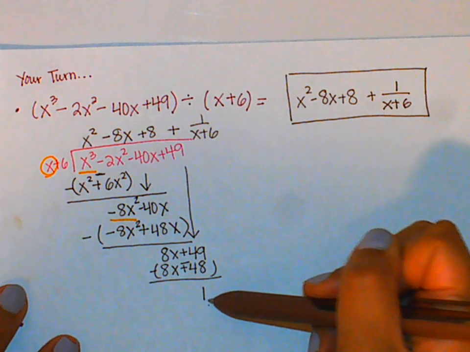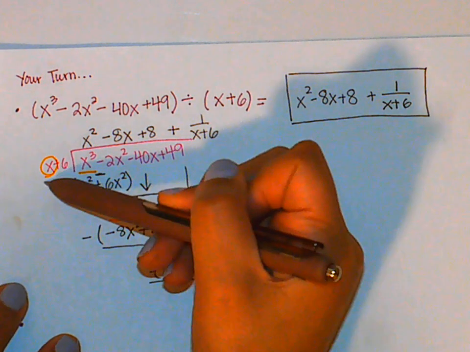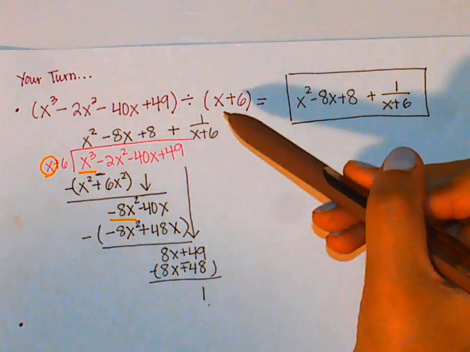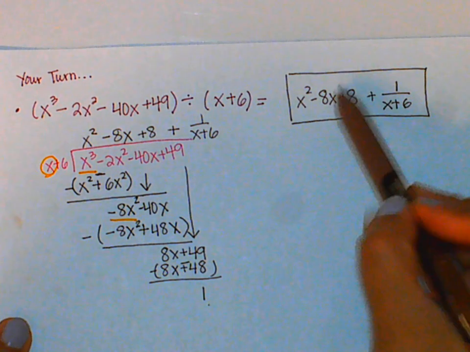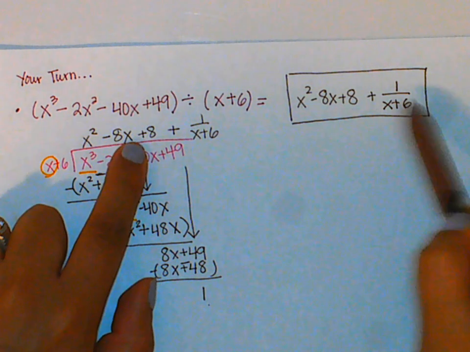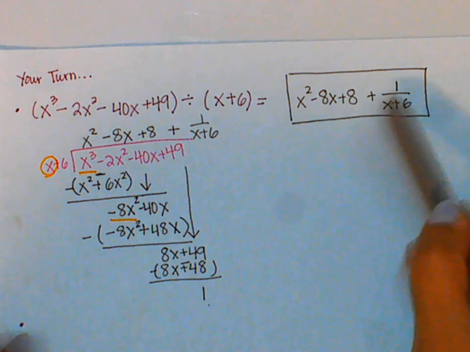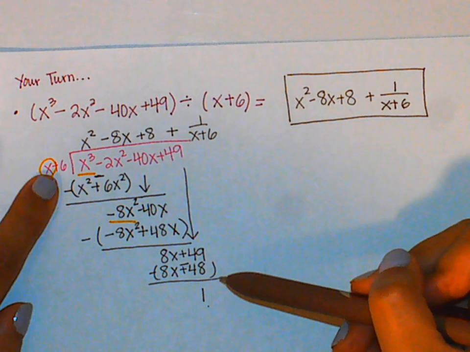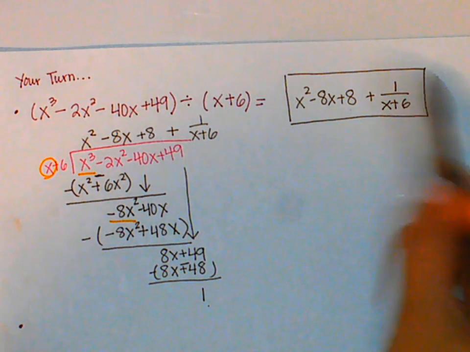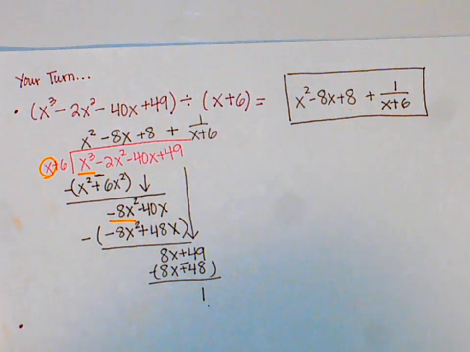So remember that that goes over this here, and that becomes my remainder. So I took that trinomial that I had as my initial quotient, plus the remainder, which is 1 over the divisor, which is this. And you should have that as your final answer.